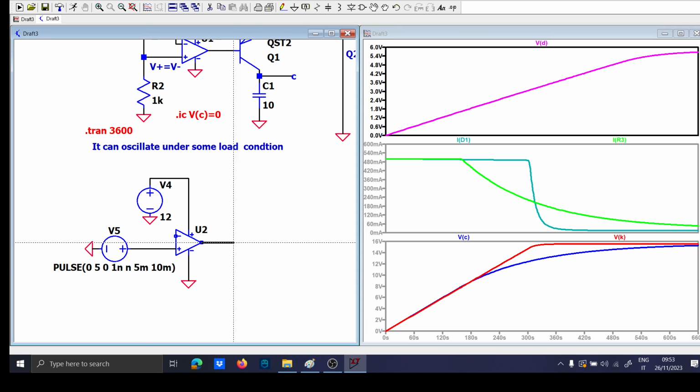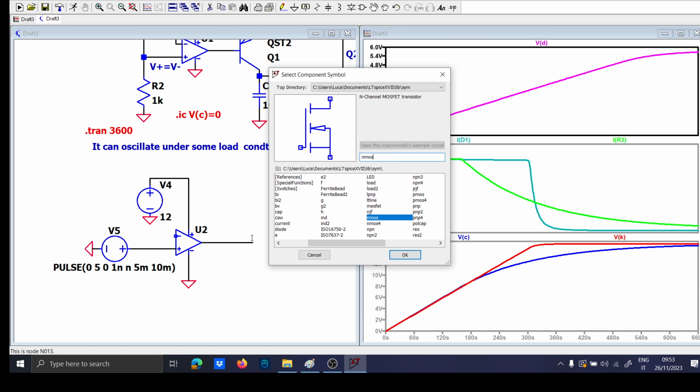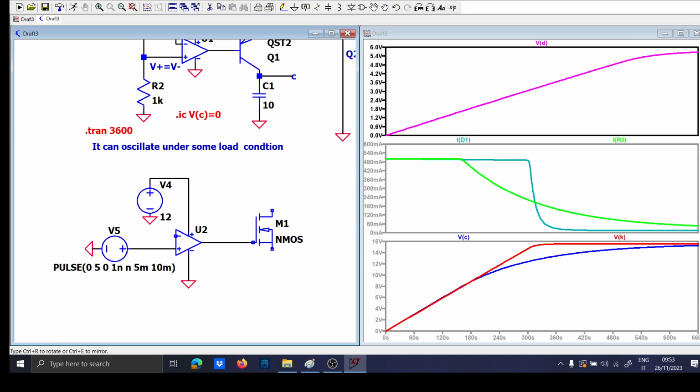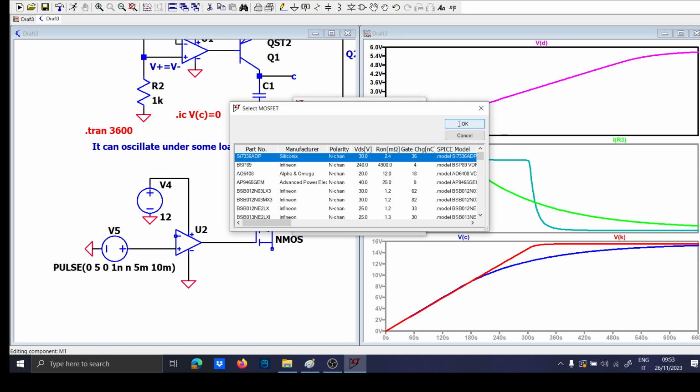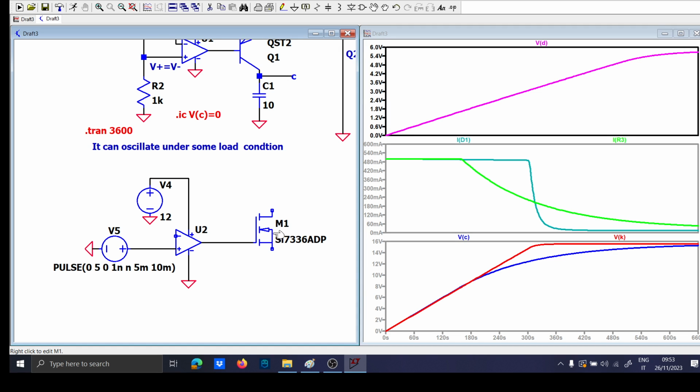And now let's connect an NMOS here, for instance this, and let us block the VGS of this guy with the Opamp.